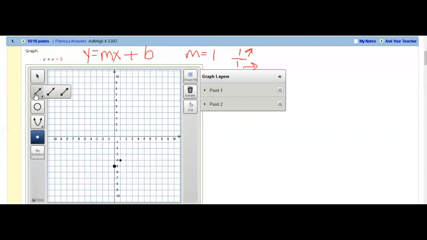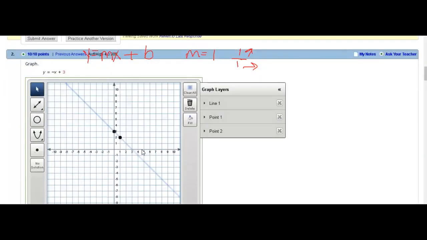So we want to select the double-ended arrow. When that is selected, all we have to do is click on each point one by one, click here, click there, and it's going to create that line for us.